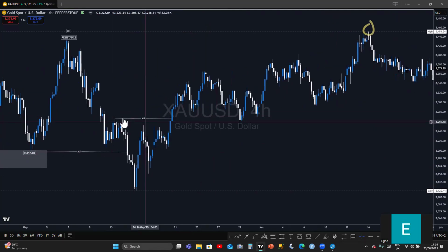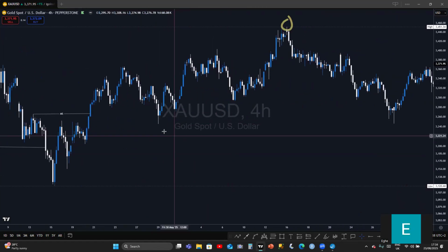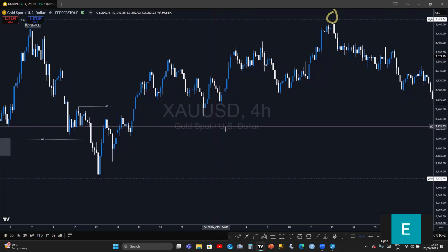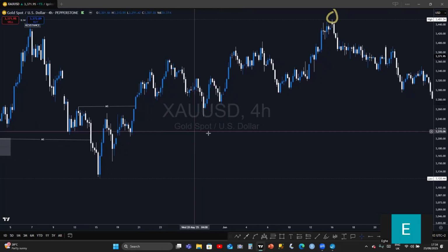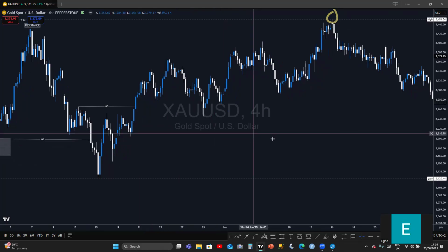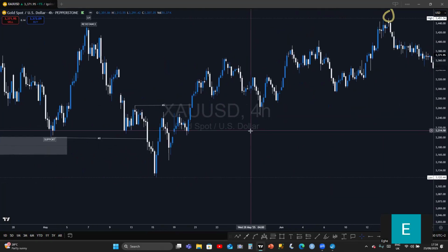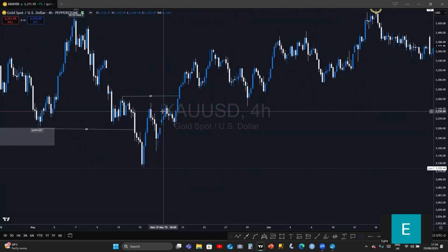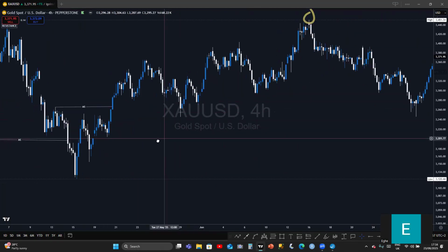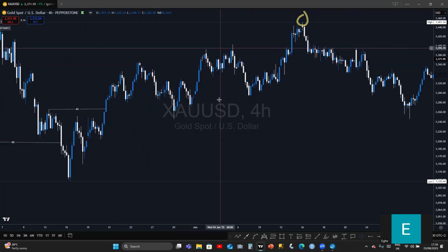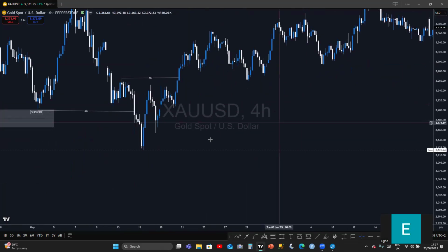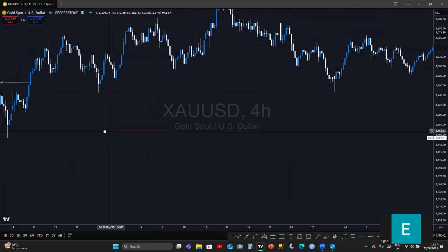So at this point, we are saying change of character. All right? We are saying change of character. Now, the strategy that I trade is what we call SMC strategy, smart money concept. What that strategy is all about? It simply means now that a trend has given you a change of character or a break of structure, there is an origin that caused that break of structure.